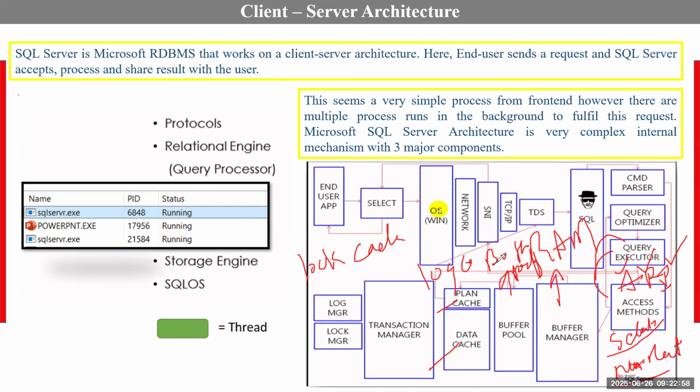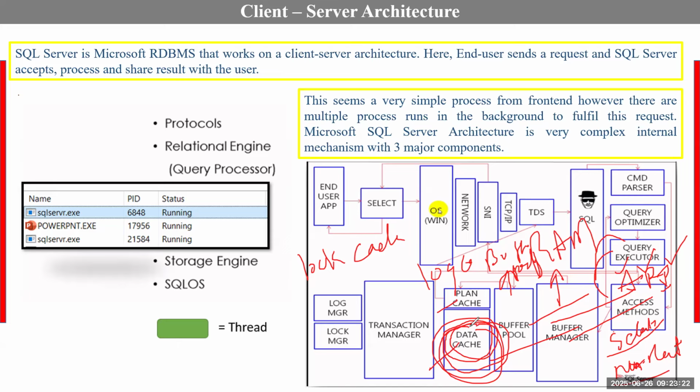Out of these, one of the most culprit is the data cache, sir. The data cache is one of the most culprit, because whatever data you are reading or writing, first it will go to the data cache and verify whether the data is available or not.